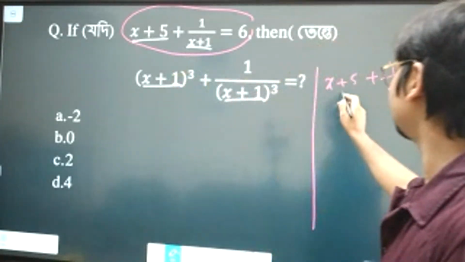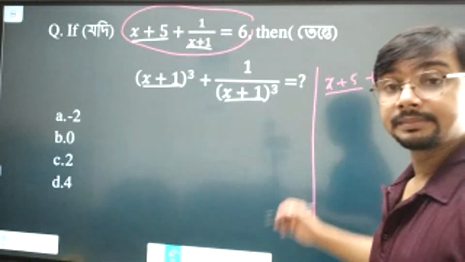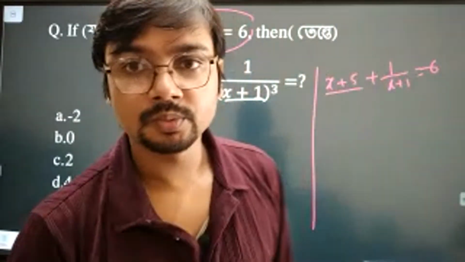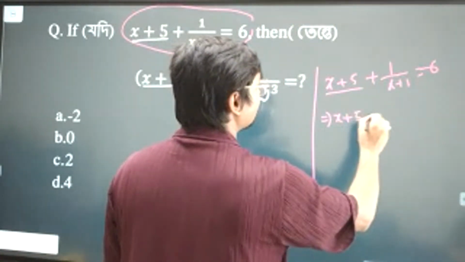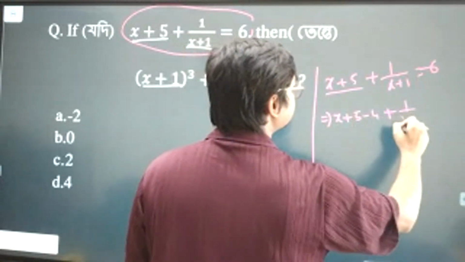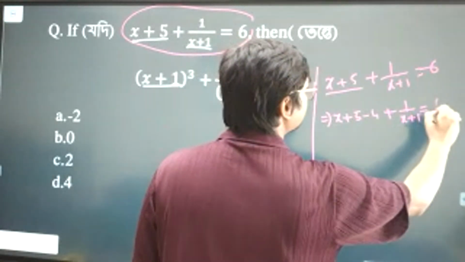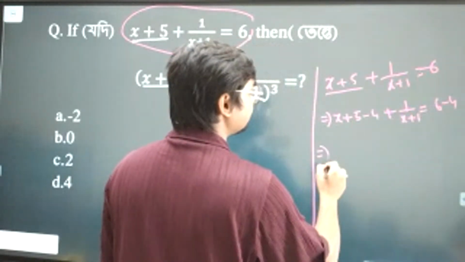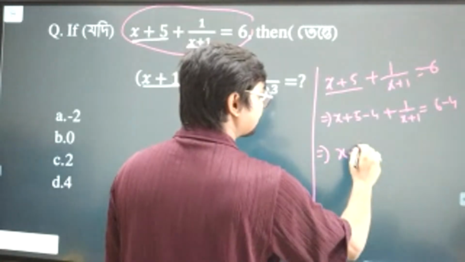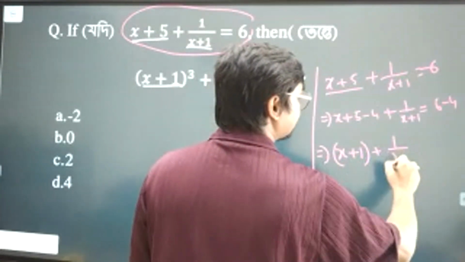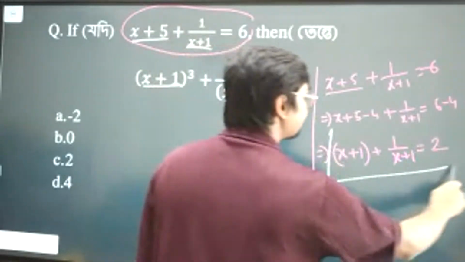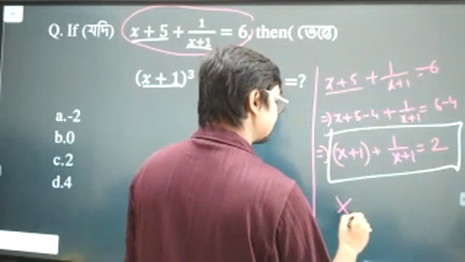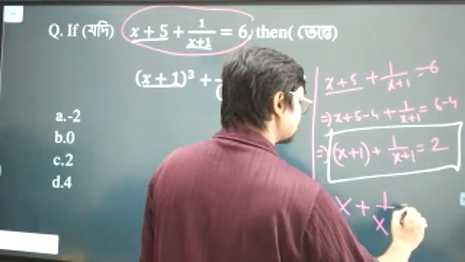So you try to make here x plus 1, but they provide x plus 5. So we just subtract 4 on both sides. Now this will be x plus 1 plus 1 upon x plus 1, and here will be 2. Now you see x plus 1 plus 1 upon x plus 1 is 2.